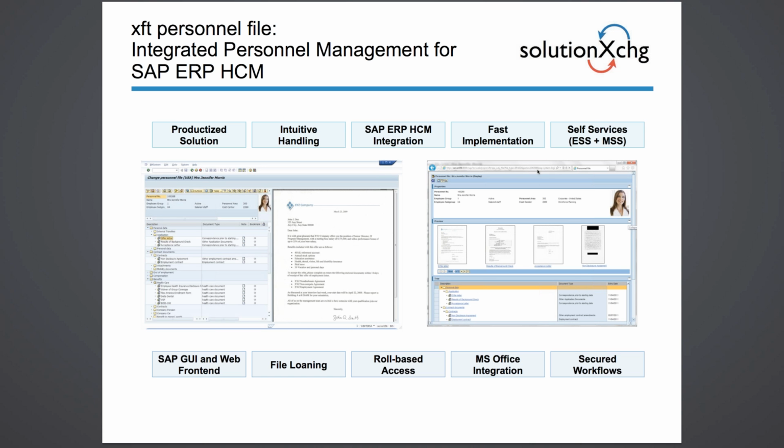We have done implementations for large organizations with over 80,000 employees handling personnel files in multiple regions. The software is actually capable of being configured for multiple regions throughout the world. It can show and display a different file folder structure for North America, for Europe, for Asia Pacific, for China, and it is multi-language capable.